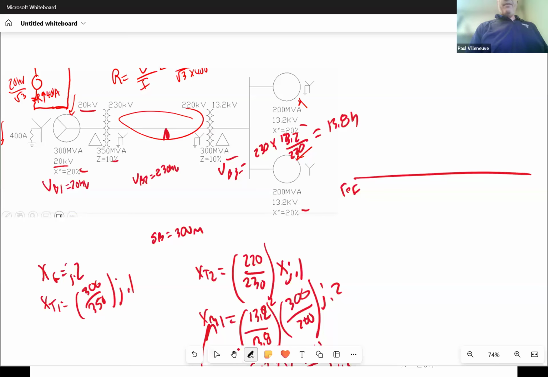I'm coming up from ground, going through that 400 amp resistor, which is that 32 ohms. Should I put 32 ohms in here? He calculated 32, right? Remember, it's 3 times the neutral impedance, right? So should I put 96 in here?